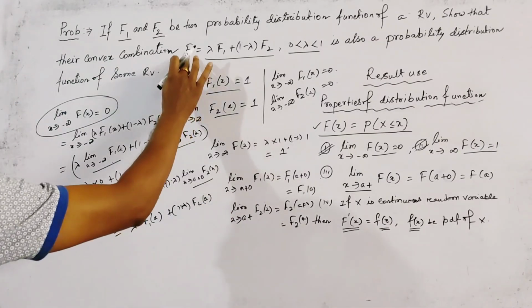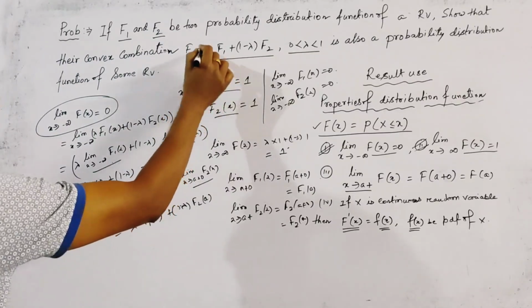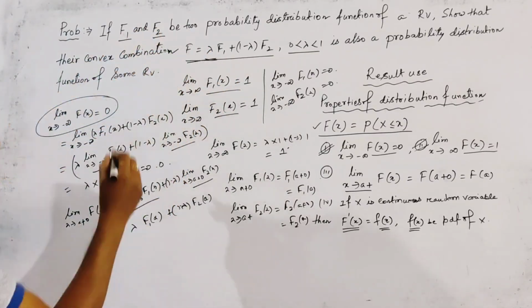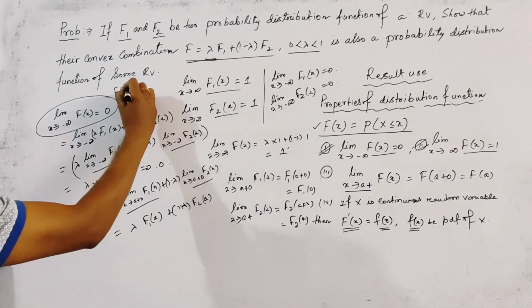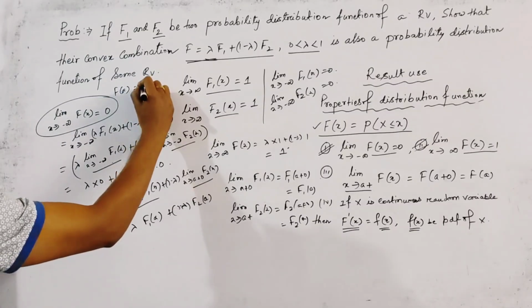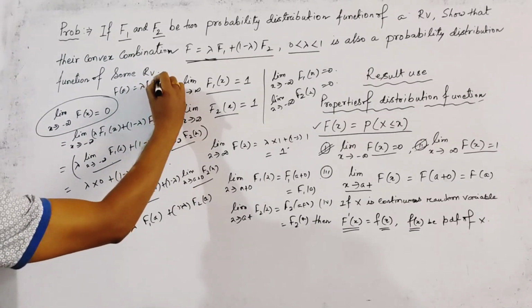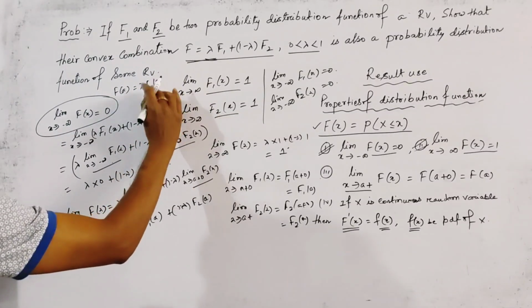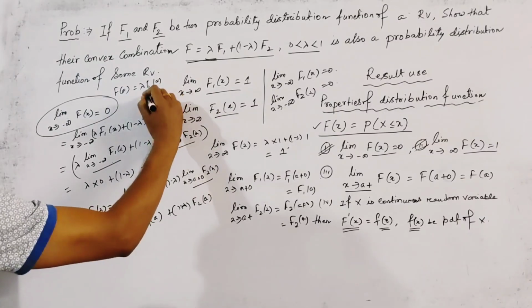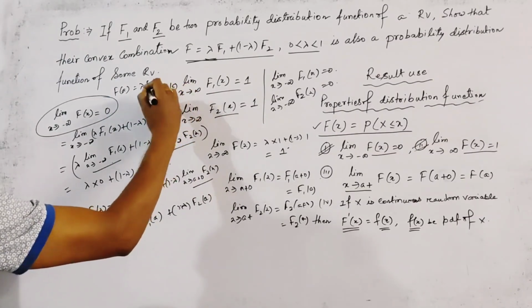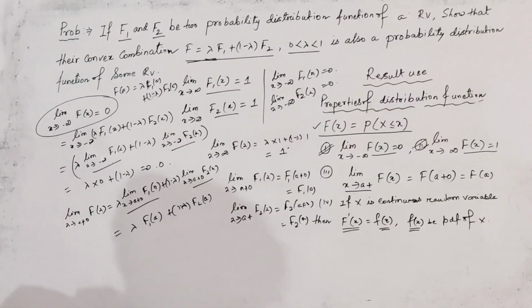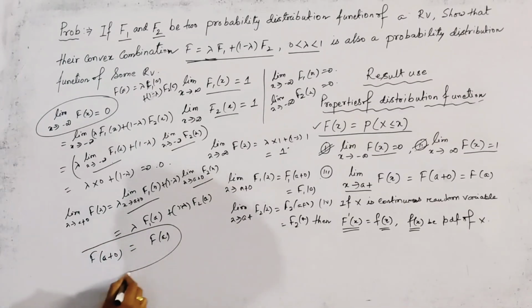If we put a in place of x, F(a) is given by lambda F1(a) plus (1 minus lambda) F2(a). So this is F(a), and this side is F(a plus 0), the right hand limit.